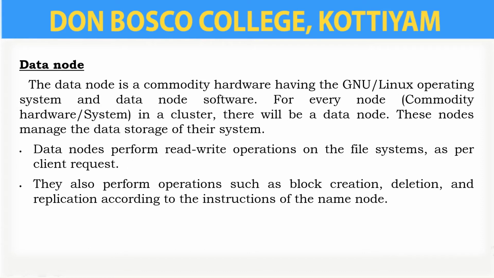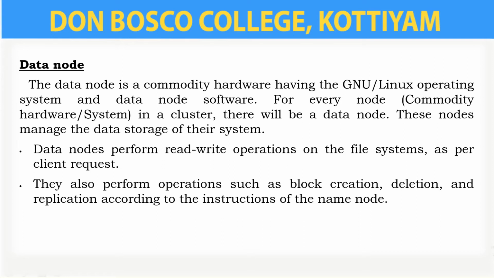The data nodes are the slave nodes in HDFS. These nodes are also commodity hardware. That means it is inexpensive and highly available. And the data node is a block server that stores the data in the local file. Some of the functions of data nodes: these nodes run on each slave machine.